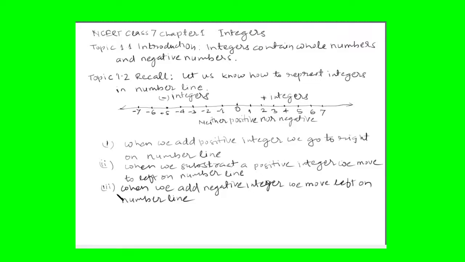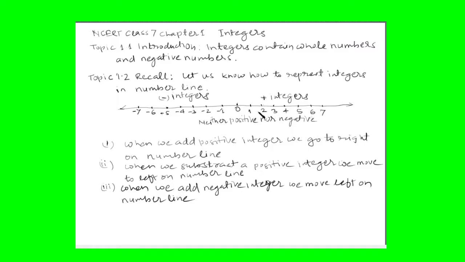Rule 3: when we add a negative integer, we move left on the number line. So if there is a number 5 and we add minus 3, what do we get? 5 minus 3, which is 2.